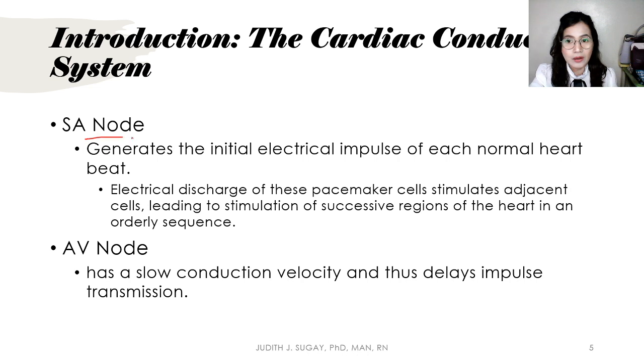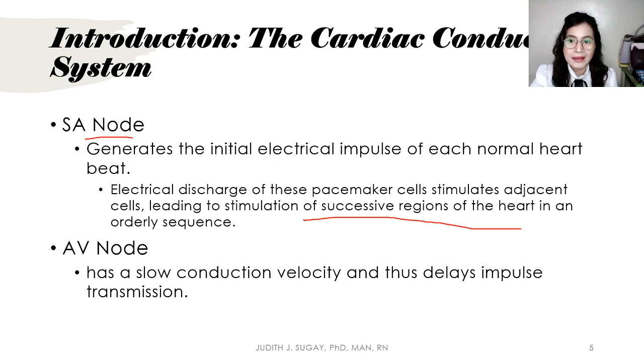That's what we call the sinoatrial node, or sinus node. This electrical discharge of these pacemaker cells stimulates the adjacent cells, leading to stimulation of successive regions of the heart in an orderly sequence.